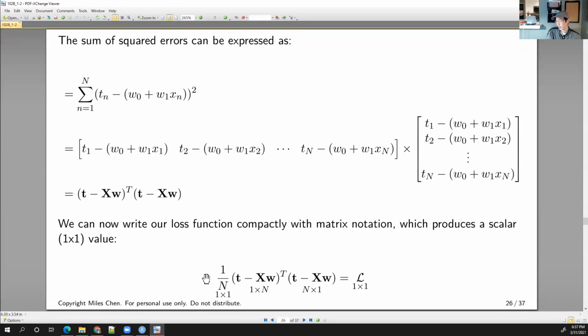I multiply that by 1 over n, or divide by n, to get the mean squared error, and that's my loss function. Is that good with everybody? Setting this up as a matrix multiplication for the loss function.